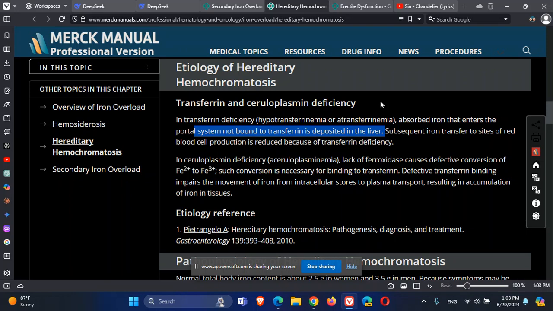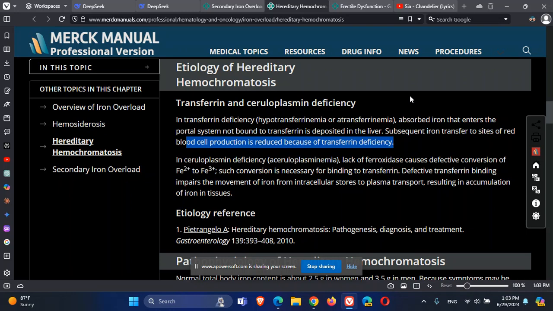Absorbed iron that enters the portal system not bound to transferrin is deposited in the liver. Therefore, because sometimes there are problems with transferrin, iron transfer to sites of red blood cell production is reduced. Namely, it can be stuck in the liver and cause damage there. And liver damage is one of the most common complications of hemochromatosis.